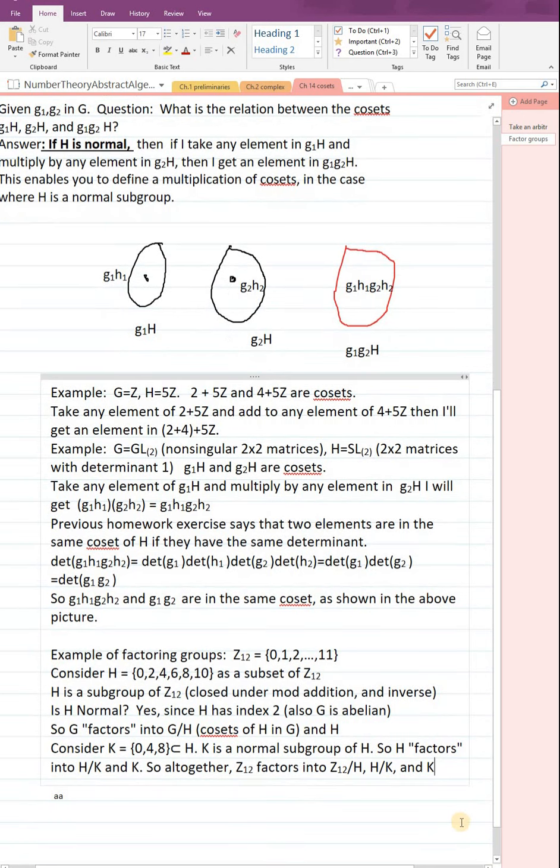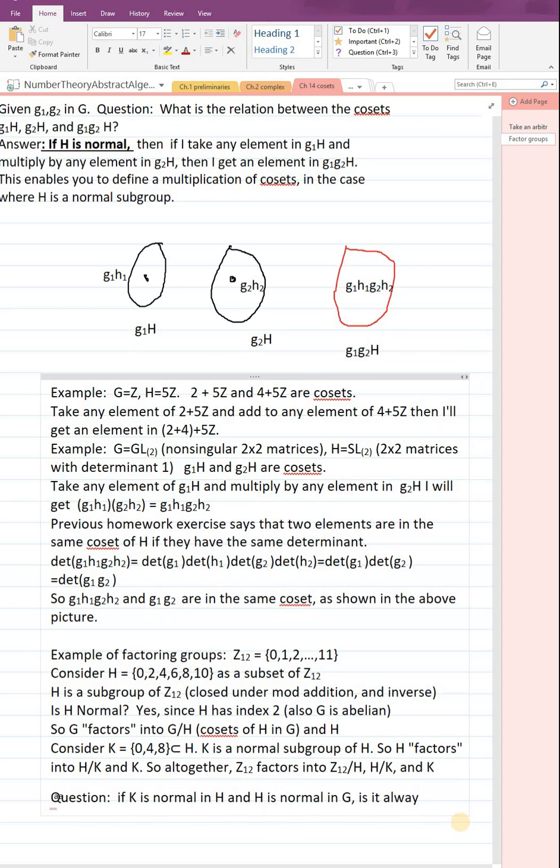So the question: if K is normal in H and H is normal in G, is it always true that K is normal in G? Let's look at the picture.